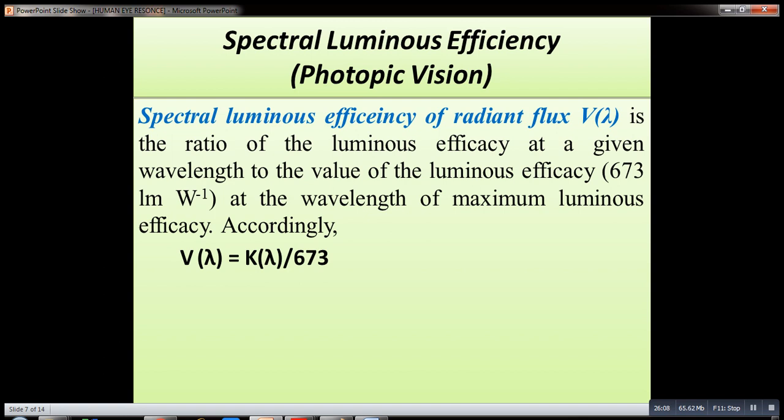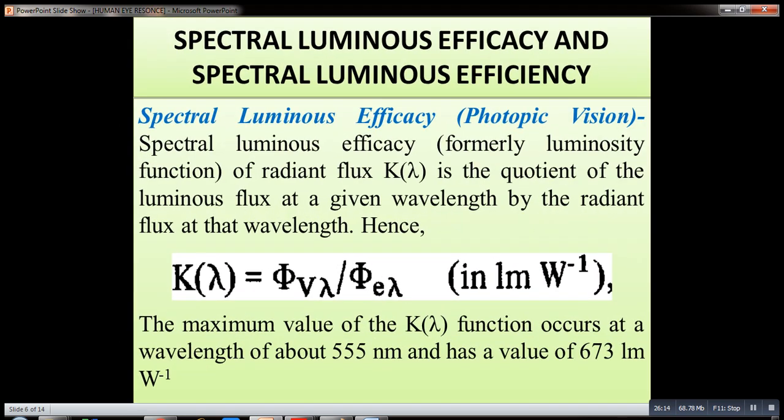Before we move to the next slide, we return to the spectral luminous efficacy and spectral luminous efficiency. You should know that some source will emit radiant power. This radiant power may be, for example, 1 watt. If there is no visible wavelength in this output power, the luminous flux equals what?